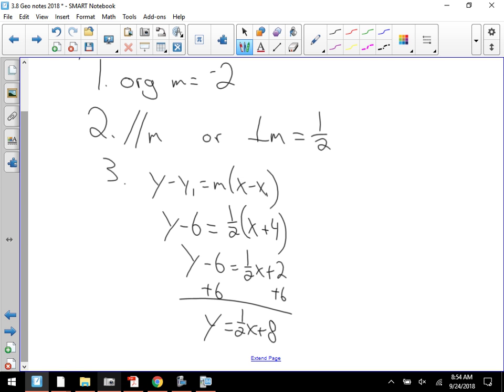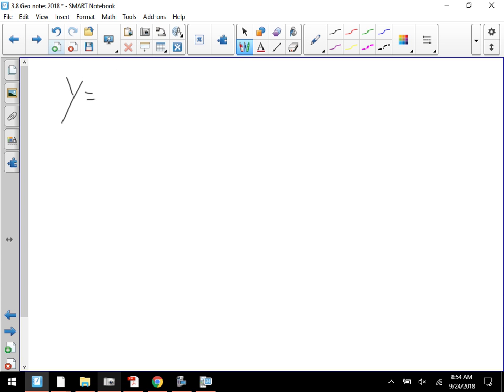Next. Write the equation of the line that is perpendicular to 1/6x plus 2 through the point -3 and -1.